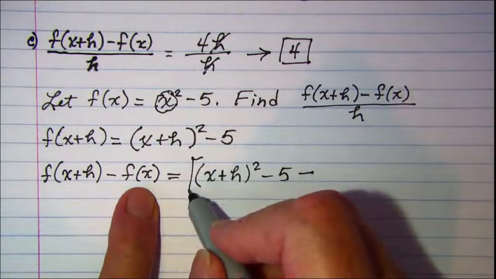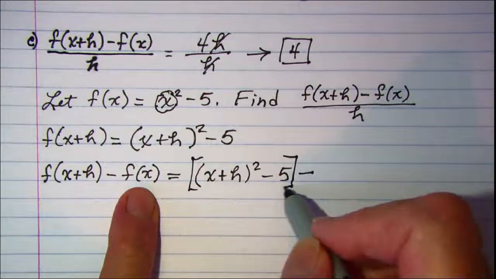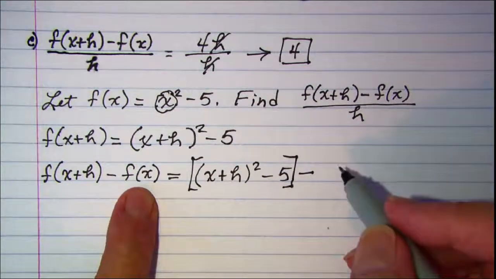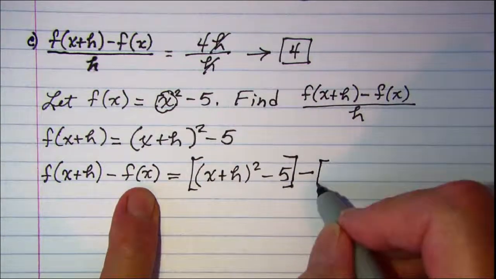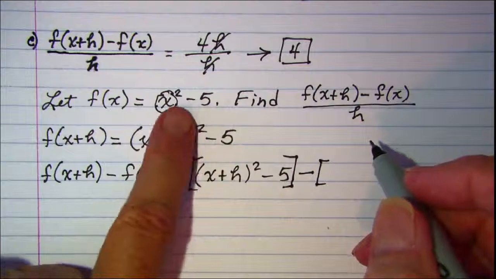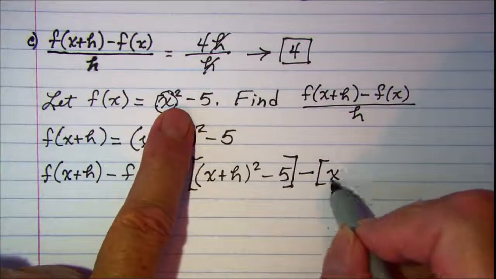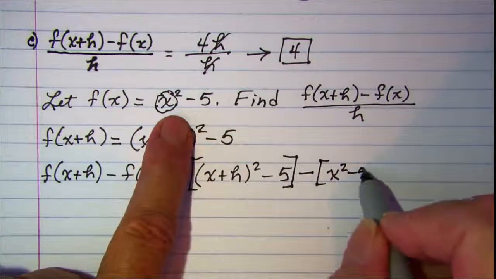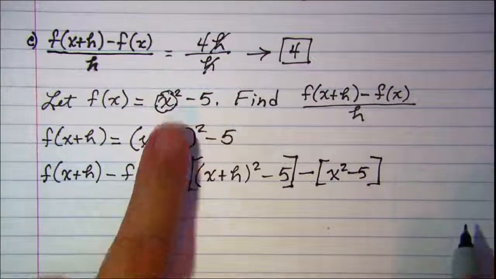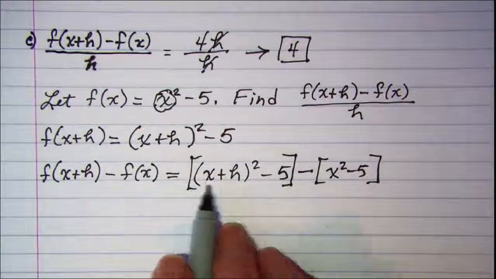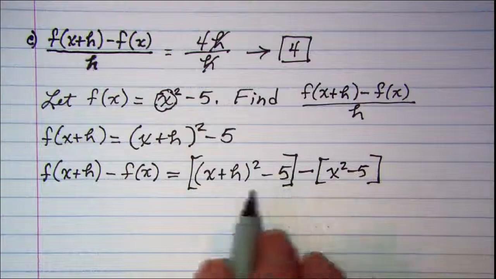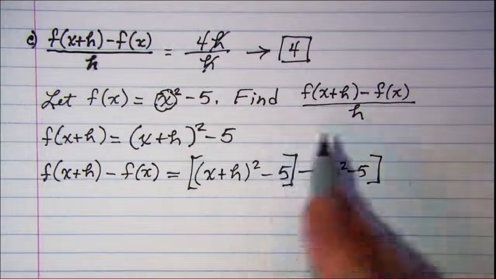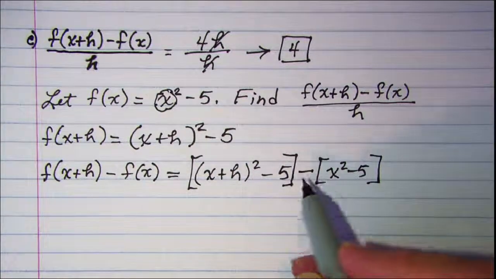So it might help if we put brackets around f of x plus h, and subtract from that f of x, which is x squared minus 5. And I'm going to do some simplifying here before I put it into the difference quotient.